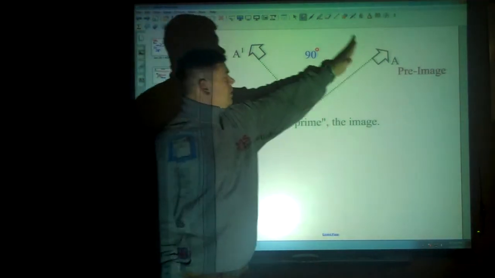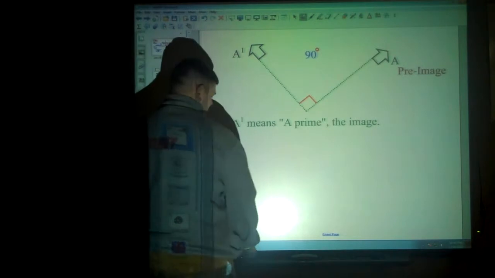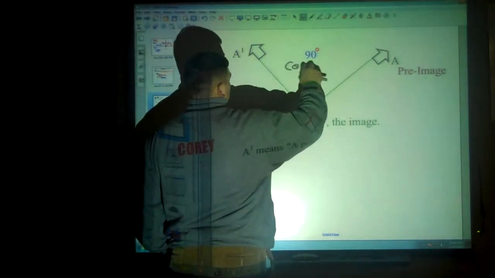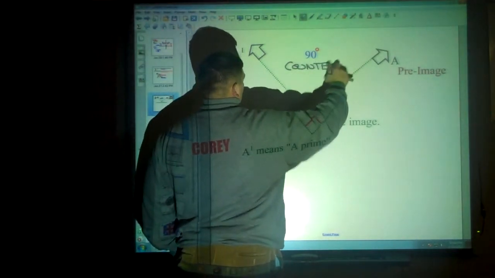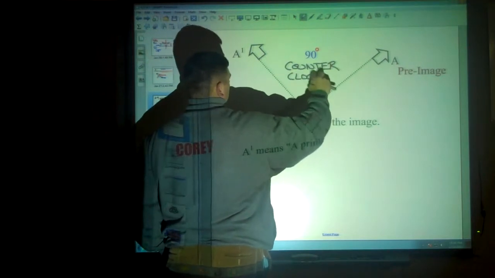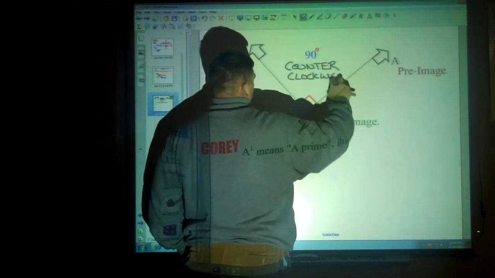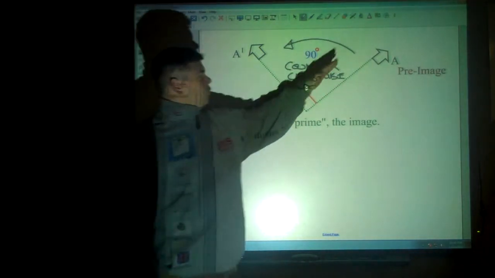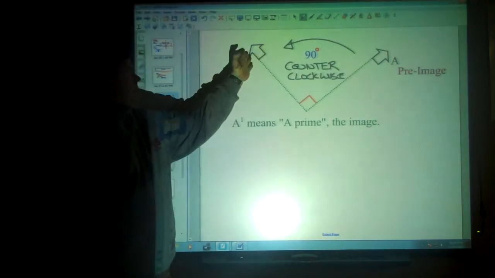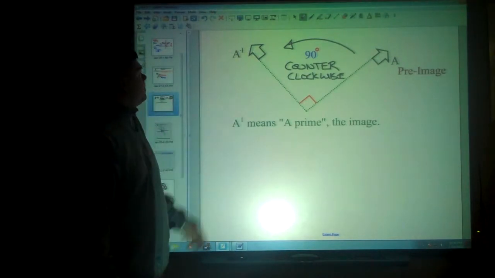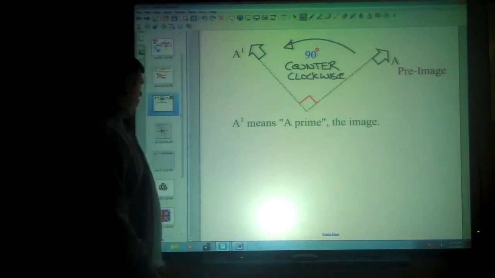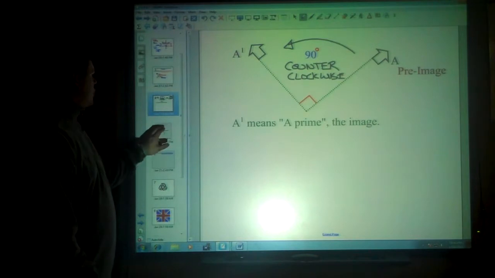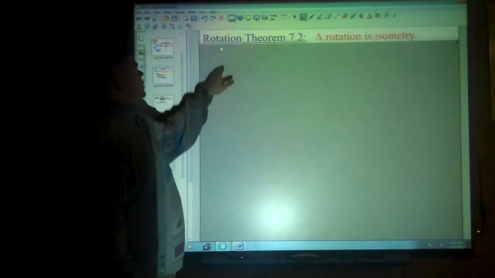It went from here over here, so we would say that this was 90 degrees counterclockwise, because it's going that direction. So we have the original, the pre-image, and then we have the image we call A prime. That can sometimes be tricky for people, realizing how that works.